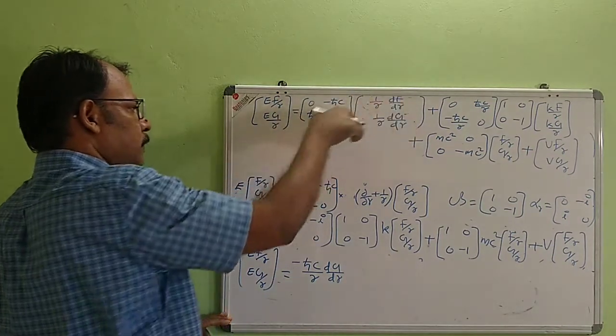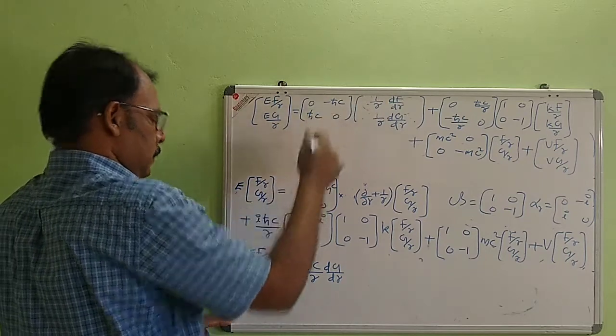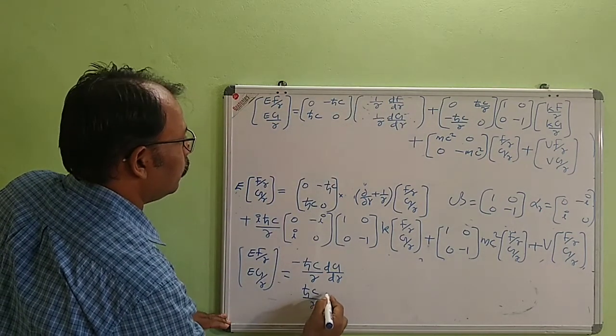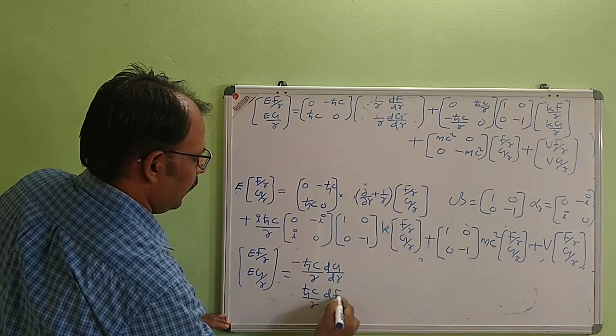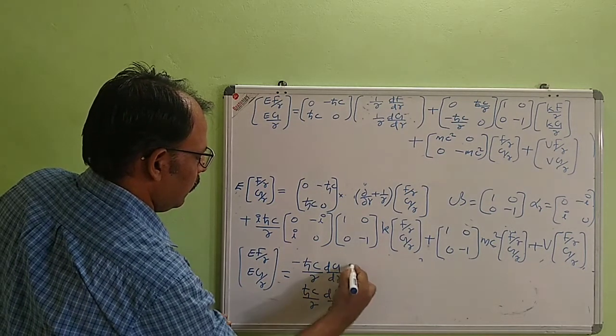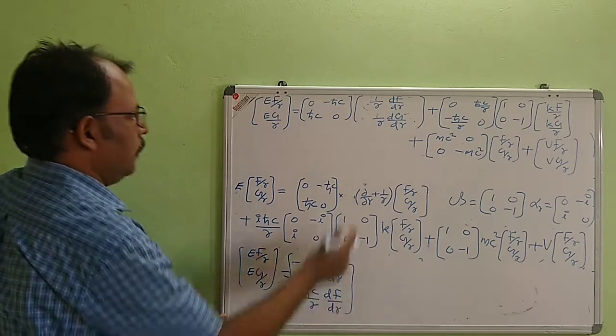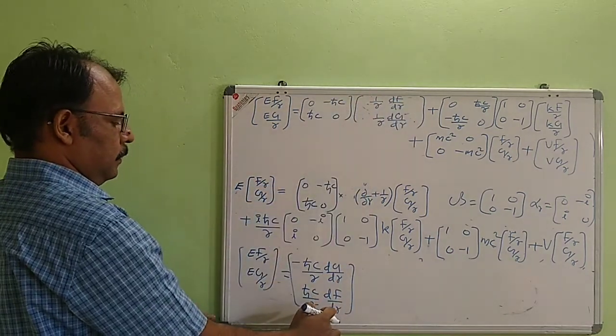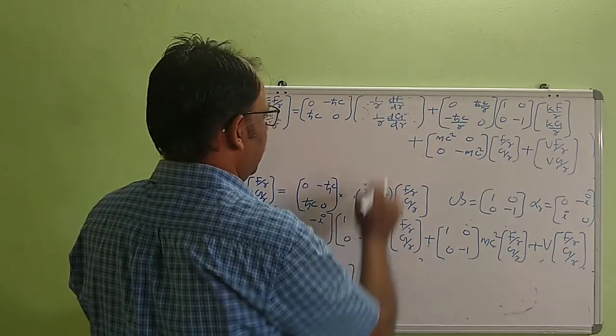Now this column with this one, second element, h bar c by r into df by dr. The first element is dg by dr.